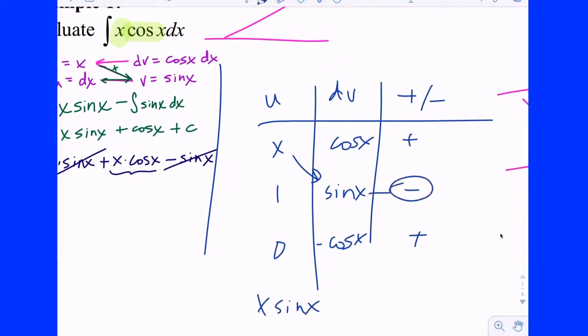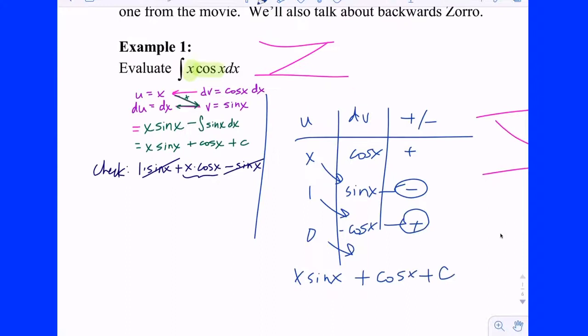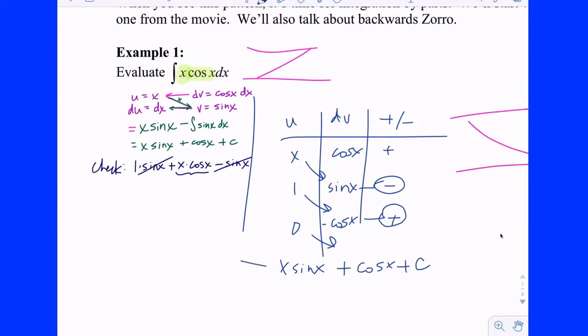Go across, pick up your next sign, minus. The next diagonal would be minus the negative cosine, which becomes plus cosine. Go across, pick up the plus. When you hit 0, you can just put plus c. Is that the same thing we got over here? Yeah, it is. So does the Zorro method work?